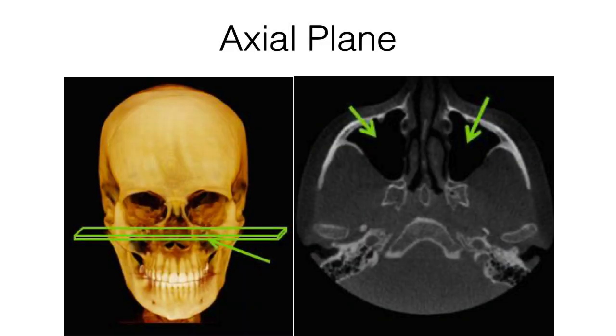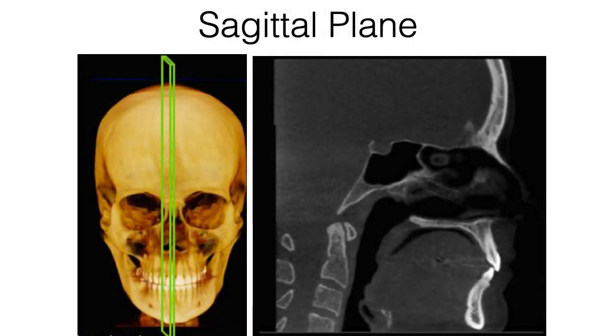There's the axial plane, that's from top to bottom. And the sagittal plane, which is side to side. With the combination of these 3 planes, we can build a 3D image. However, when we are looking at these images, we look at one plane at a time, reading each plane and gathering the information.